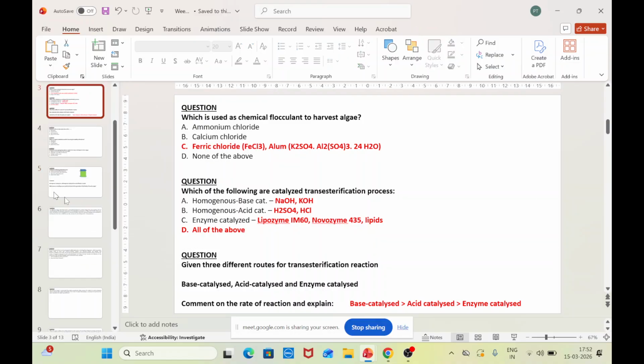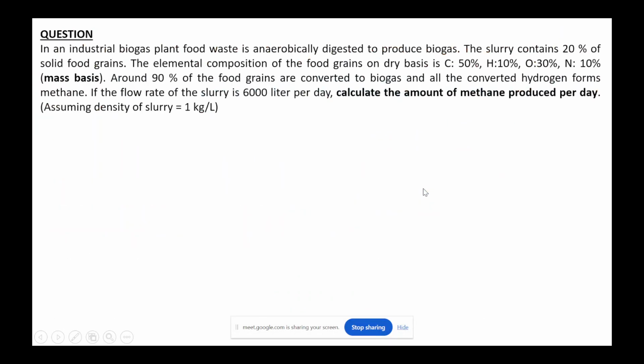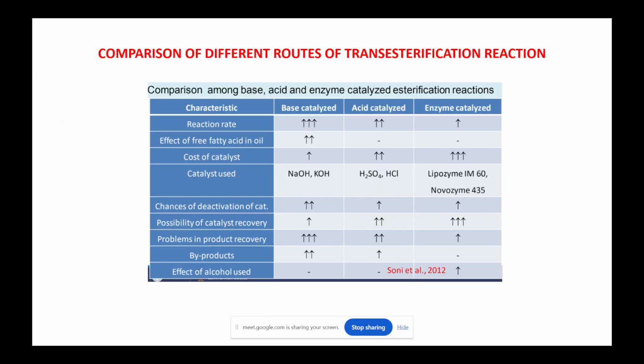So if you just look at this table, if you see the rate of reaction in base catalyst is far higher compared to acid catalyzed, compared to enzyme catalyzed transesterification reaction.